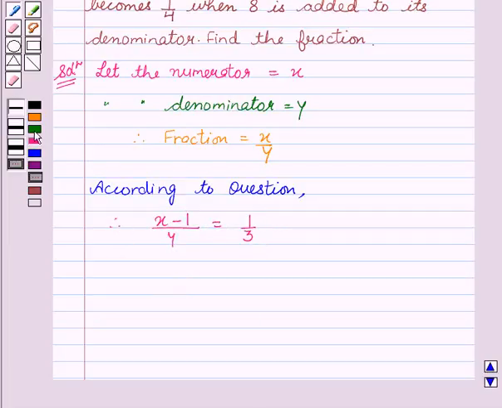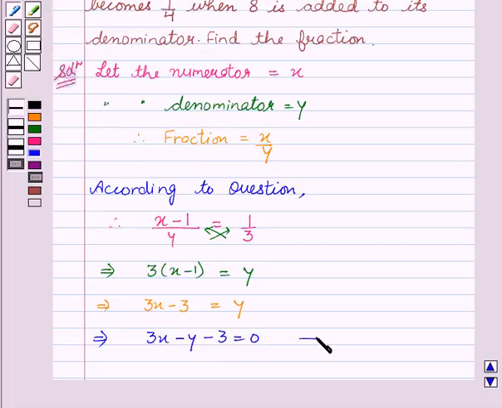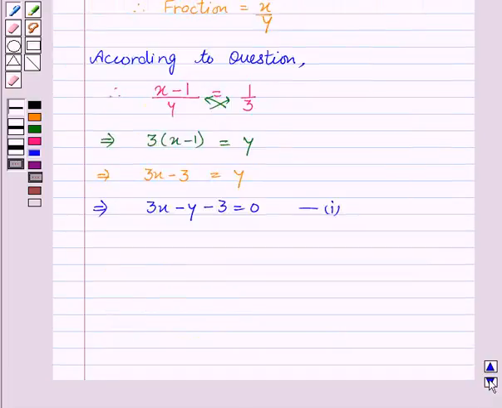So, this implies on cross multiplication, we get 3 into x minus 1 equal to y. This implies 3x minus 3 equal to y. This implies 3x minus y minus 3 equal to 0. Let this be our first equation.